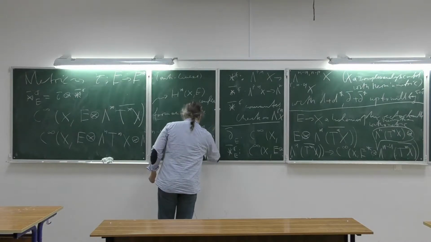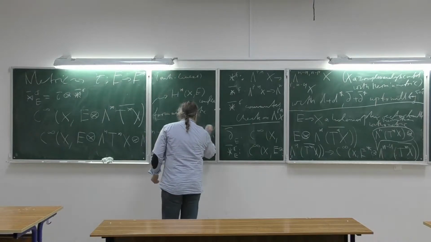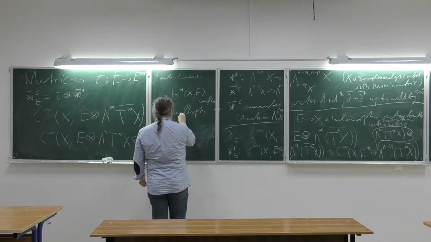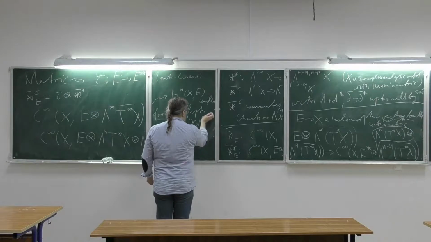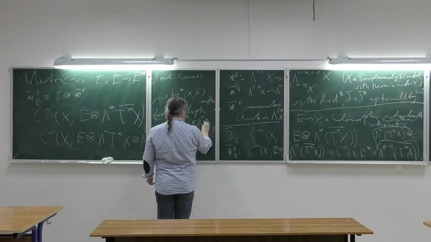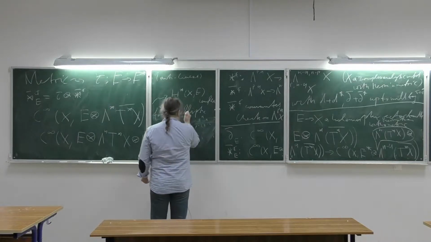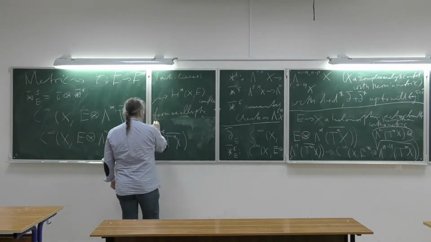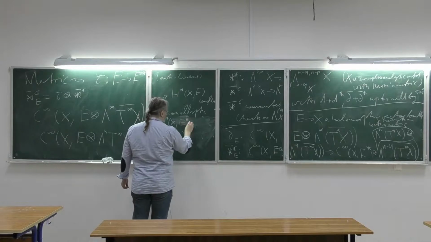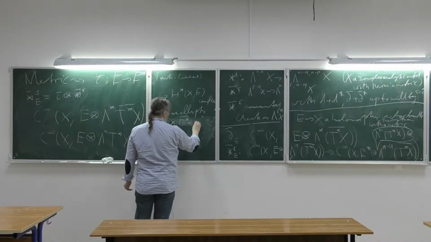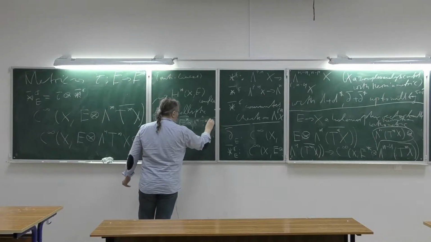Okay, I'll write it here. Let me write it like this: E star tensor lambda n T star x.